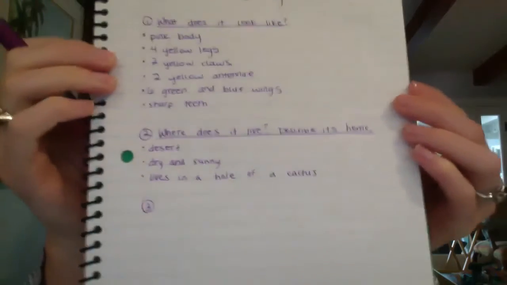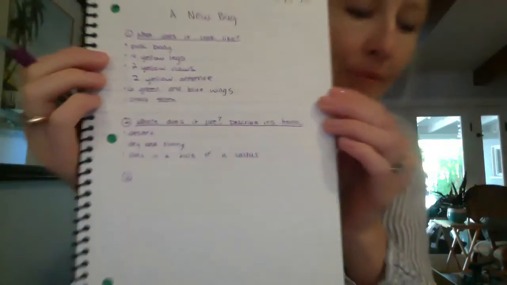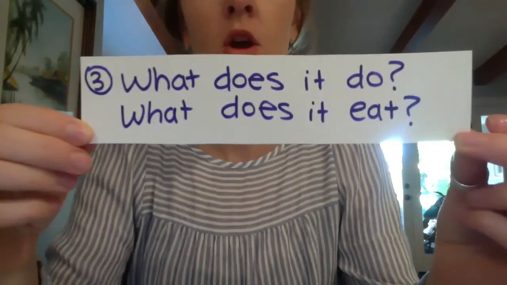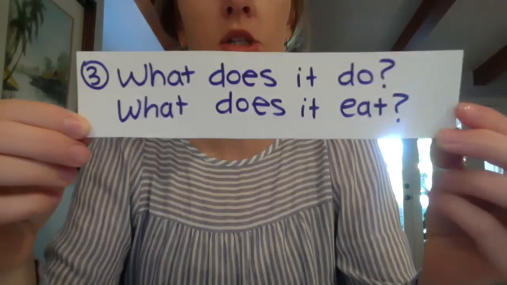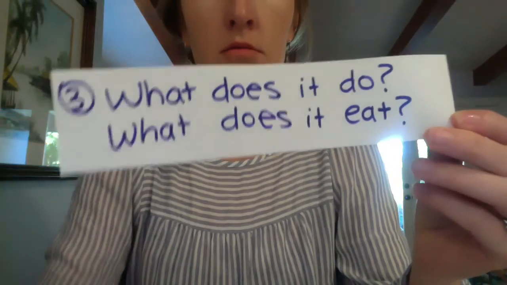Okay, it's time for question number 3. So skip a line, write 3. And the question is, actually it's 2 questions, but the questions are, what does it do and what does it eat?